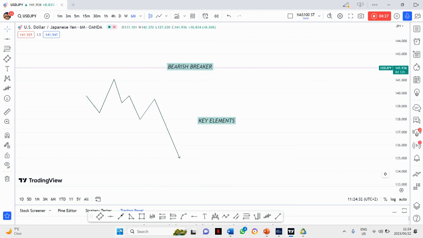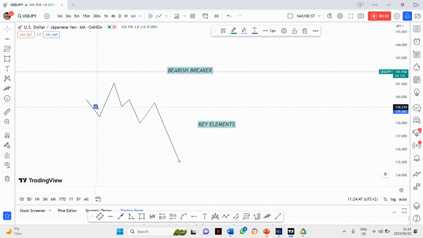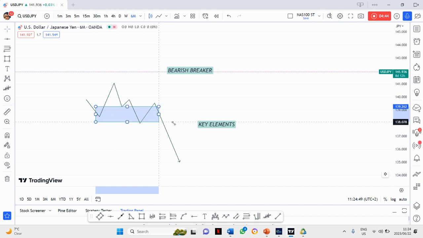So most people use this rectangle here. Most people just do it like this.